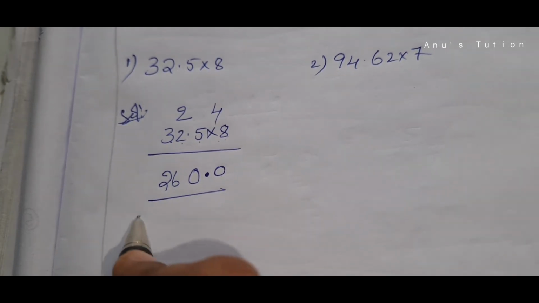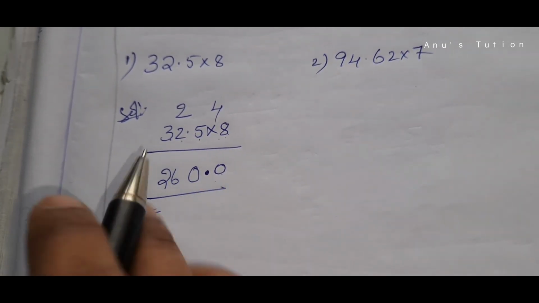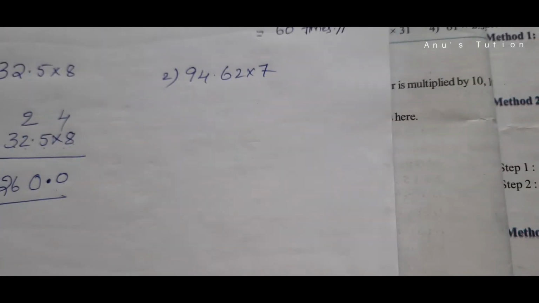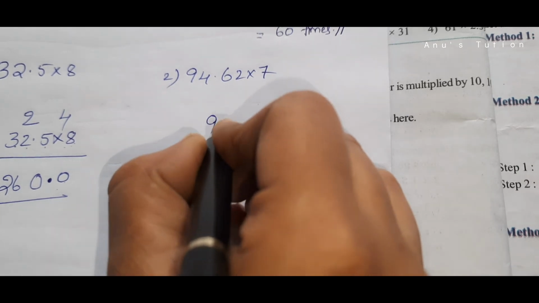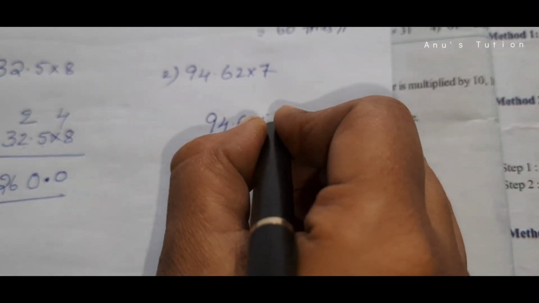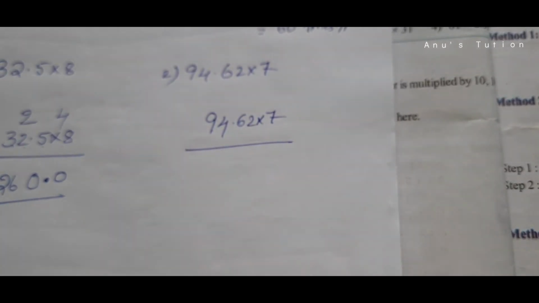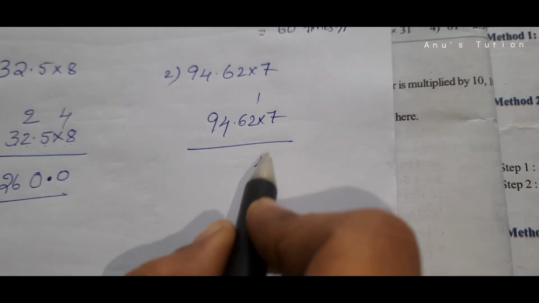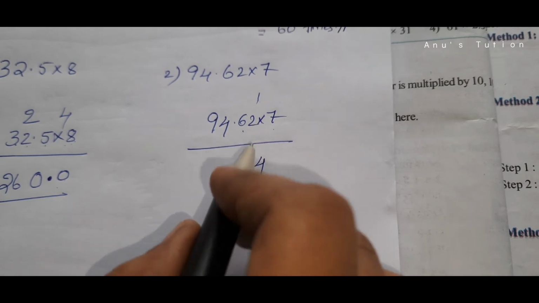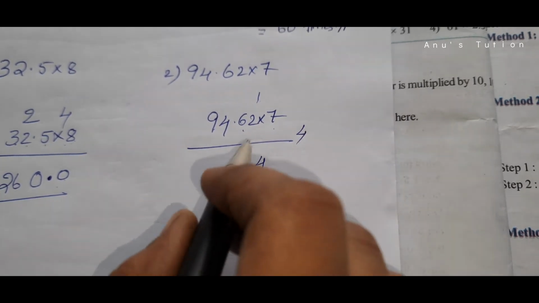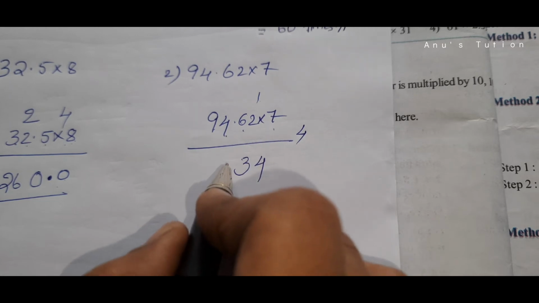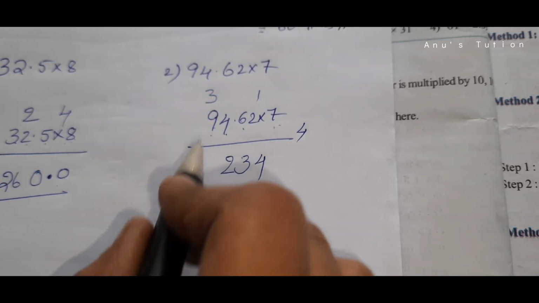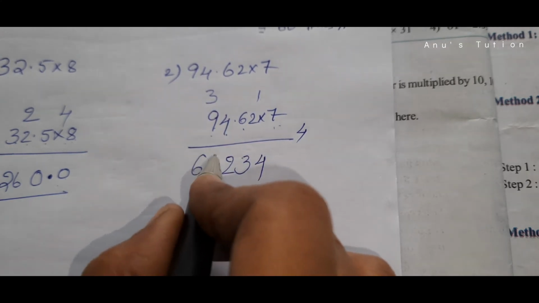What is the answer here? 260.0. Next, the second one, 94.62 into 7. 7 2s are 14. 7 6s are 42, 43. 7 4s are 28, 29, 30, 31, 32. 7 9s are 63 plus 6 plus 3, 66.